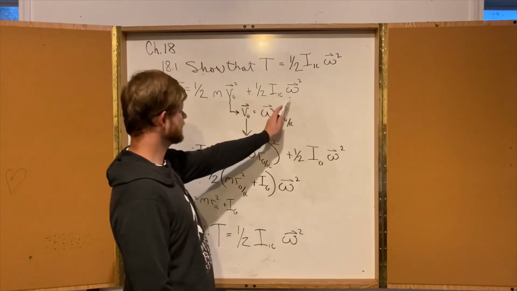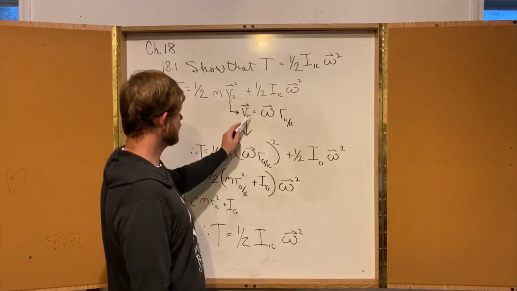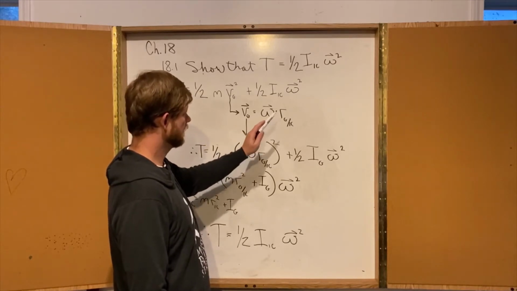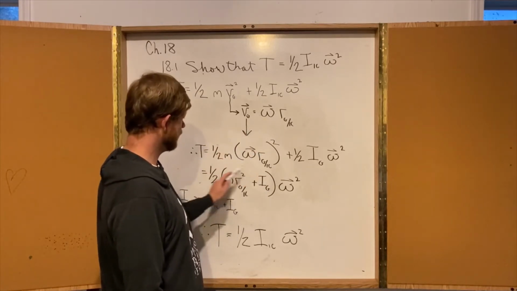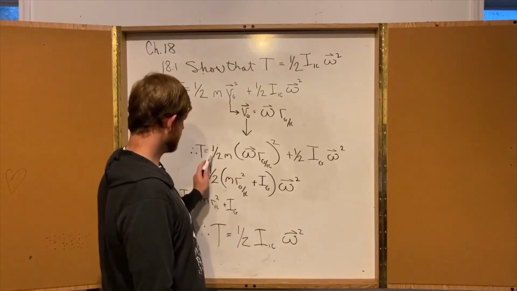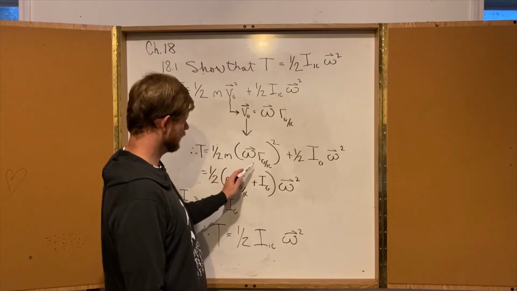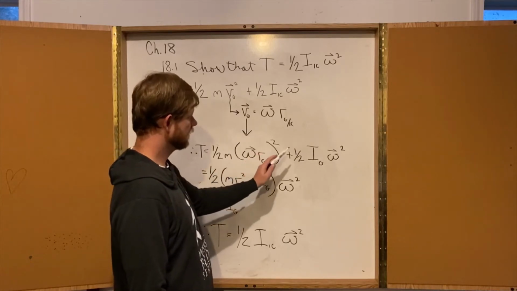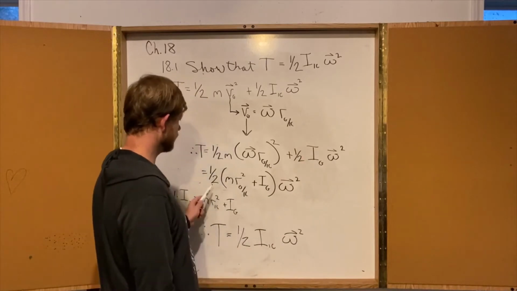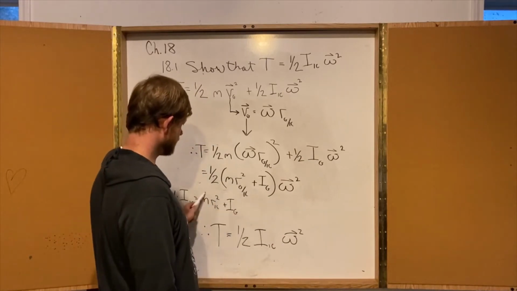So we have our basic equation here. We see that Vg is equal to angular velocity times the radius. So we plug that in down here. And we see that 1/2 the mass times the angular velocity times the distance G to C, squared, plus 1/2 the moment of inertia times the angular velocity squared equals this.